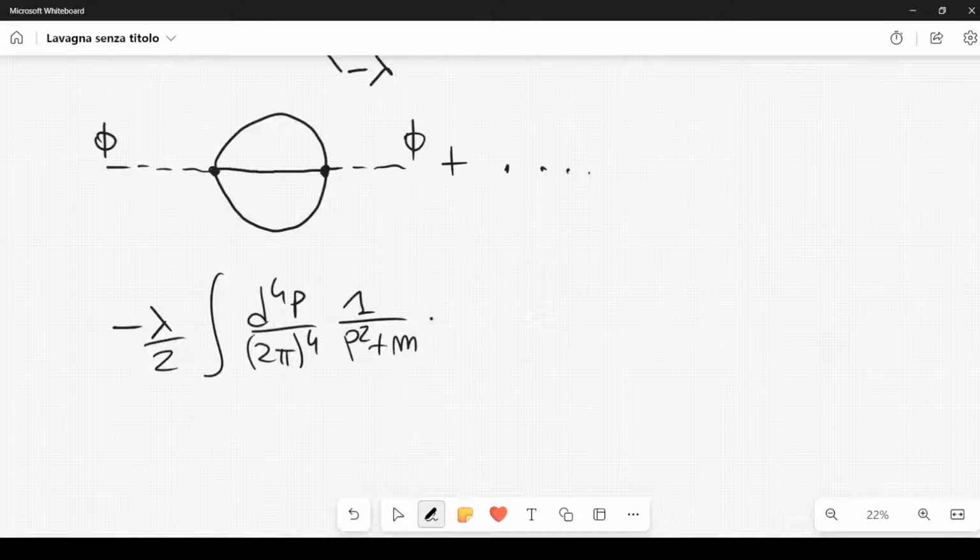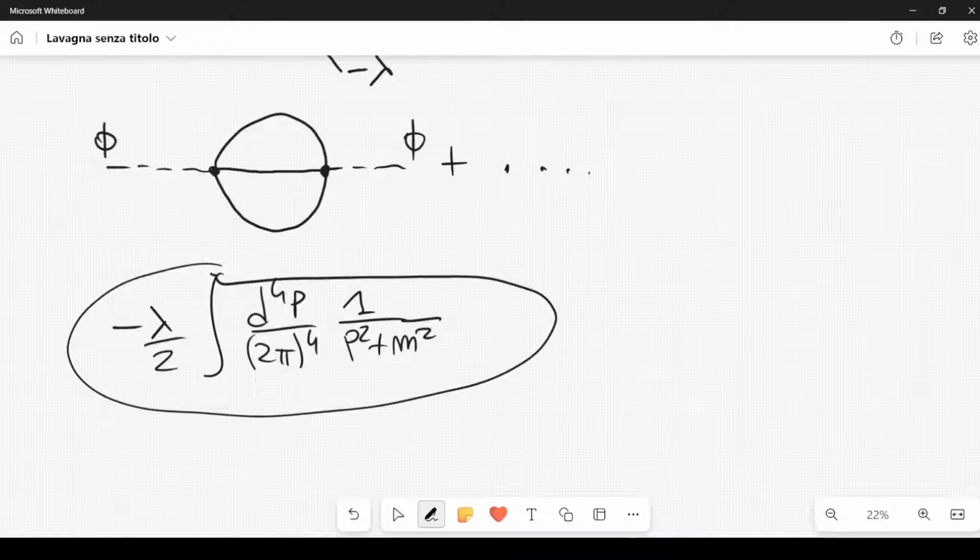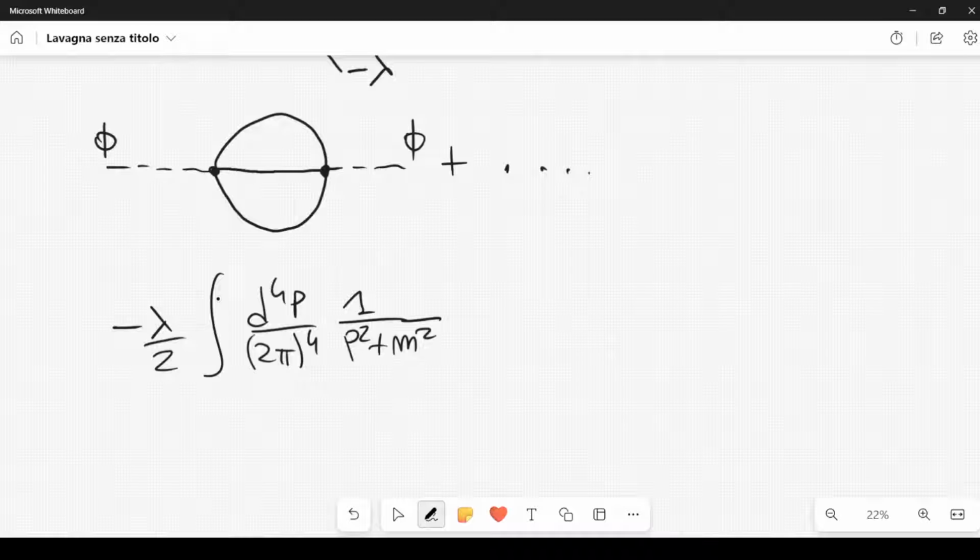And this is a contribution that we calculated in some previous lectures. So we calculated it from the path integral. And from the lectures, you can see that the derivation of this contribution is not so simple, not so straightforward. It is quite complicated, convoluted, because you have to perform several integrals and do some series expansions, and then you truncate the series to first order in lambda.